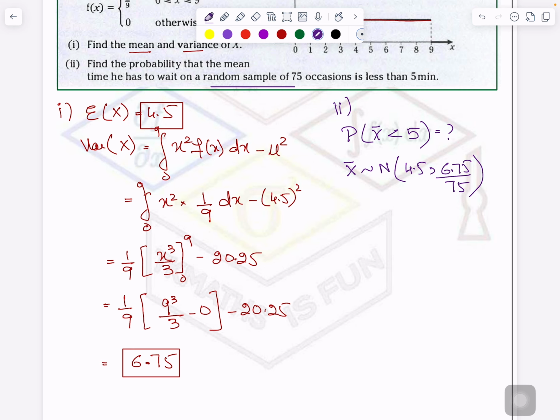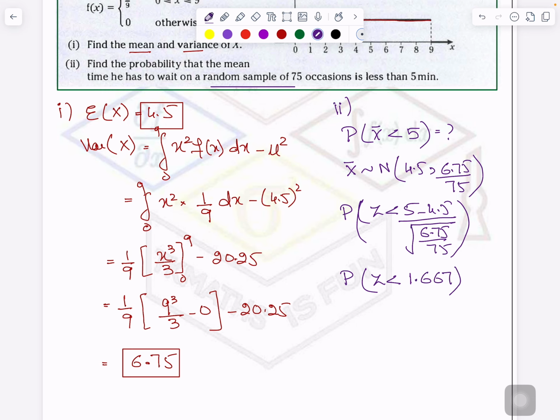Okay, so do mention this thing. Now let's calculate the probability. So z less than 5 minus 4.5 over 6.75 over 75. So z is what? Let me check in the calculator. 1.667. Right.